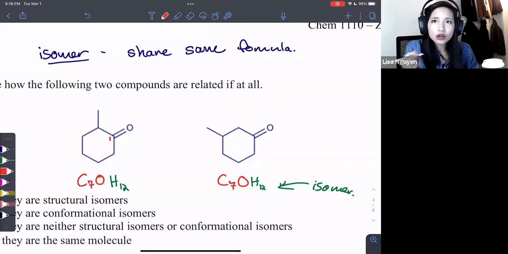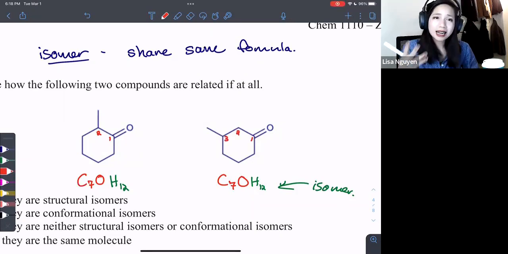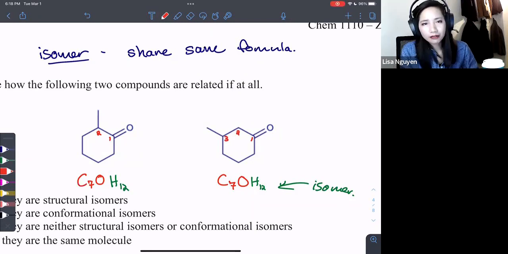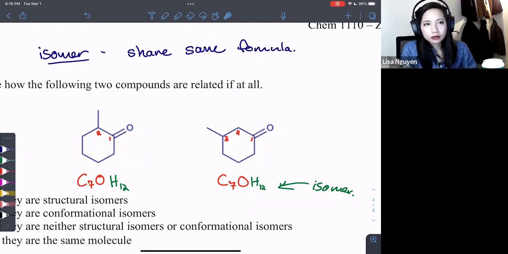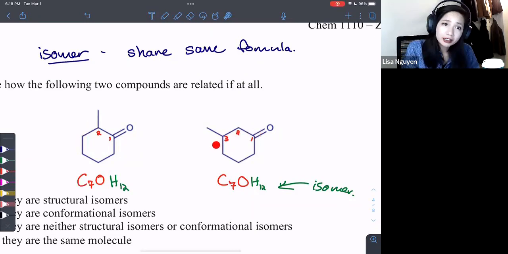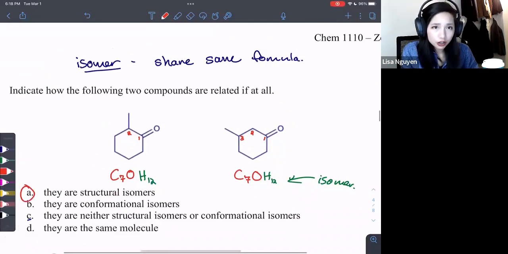If we call the ketone carbon 1, on this first molecule, that methyl group is on carbon 2, but on the second molecule, that methyl group is on carbon 3. So if we named these, though we don't have to for this question, this molecule would be a 1,2 substituted cyclohexane, while this one would be 1,3. So there are different names because the connectivity is different. So these 2 molecules are actually structural isomers.